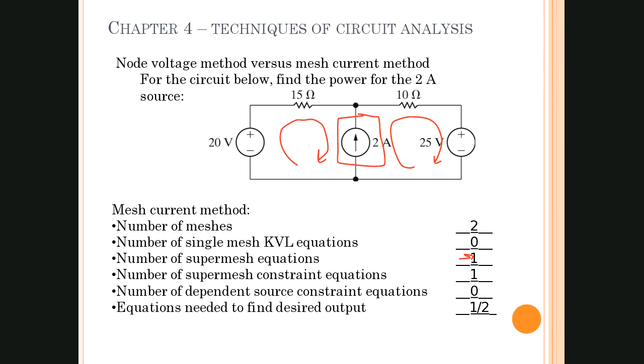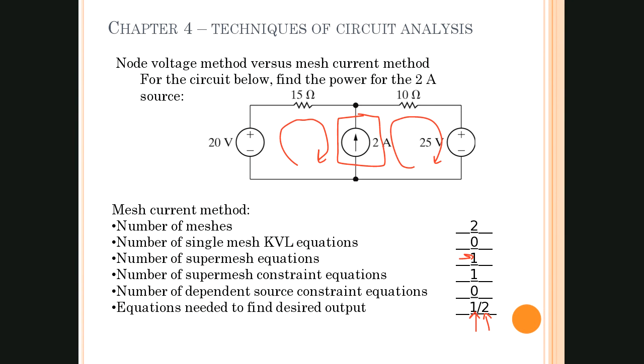I think I know what they're saying here in this slide. We have 1 constraint equation, which is a super mesh equation, and we have 2 equations by the loops. So it doesn't actually say that in the PowerPoint, but it makes sense to me here that we have 1 super mesh to 2 KVL equations.